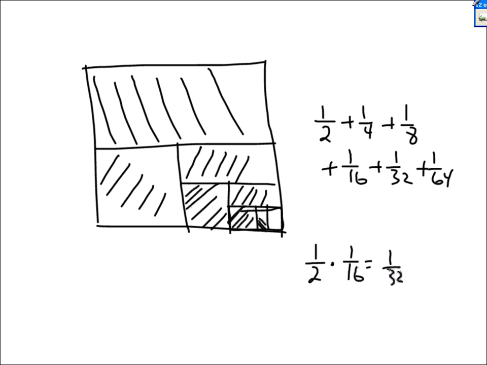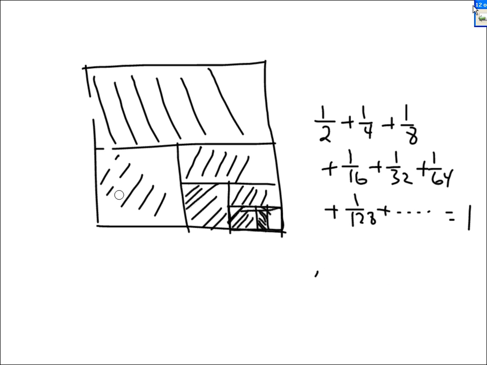Cut it in half, shade in half of that, and I shaded in 1 over 128. If I keep doing this, I'm going to get 1. So you can add an infinite number of numbers and get 1.